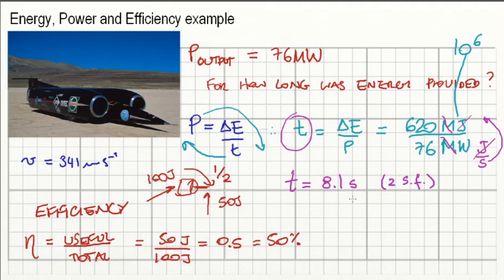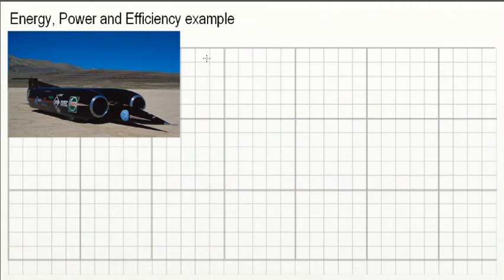Now, what if I ask you what's the efficiency of this vehicle? I will have to tell you how much energy was provided to the motors, how much chemical energy was burnt. So let me give you some information here. I'm telling you that the power provided by the fuel, since we can measure how many liters of fuel have been burnt, we have measured this to be 600 megawatts.